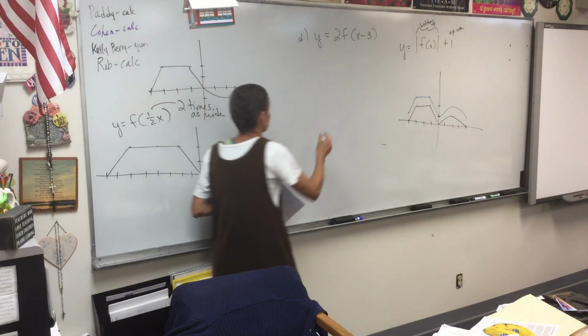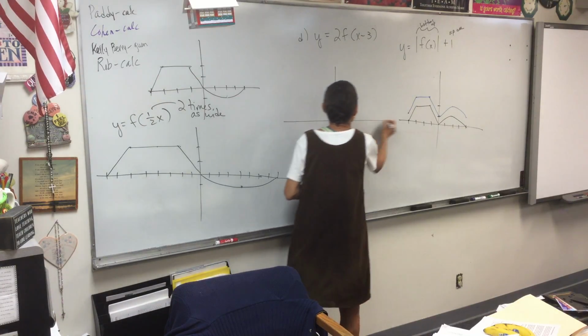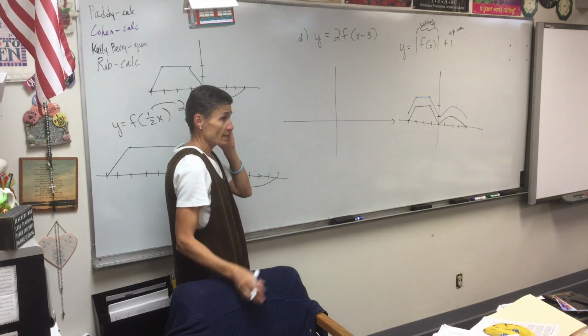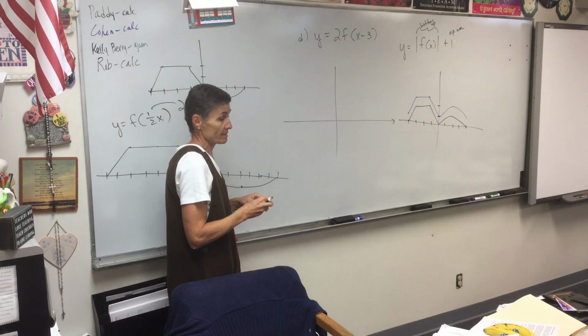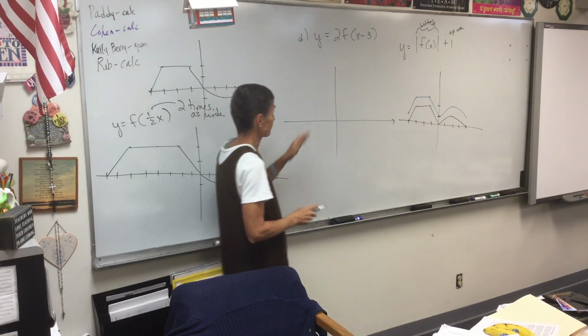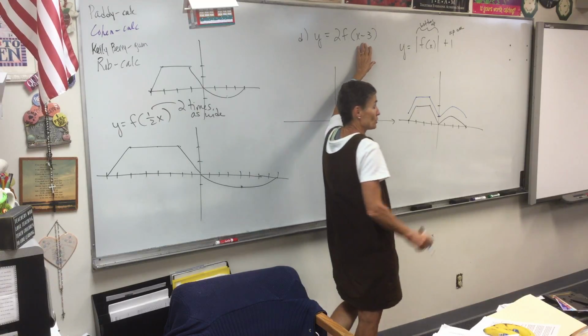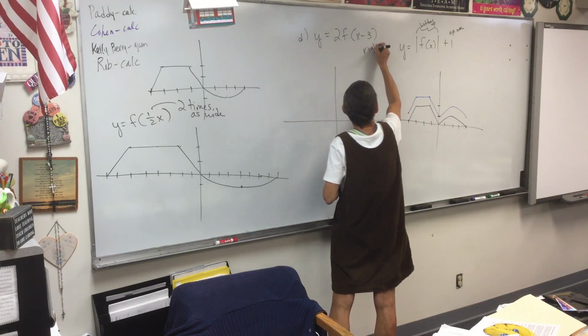All right, D. Some of you can probably do this in one step. I'm going to do it in two. First thing I'm going to do is what's in parentheses. That's my PEMDAS, my order of operations. I'm going to do what's in parentheses first. So tell me what this does. Which way? Right 3. You are exactly right.